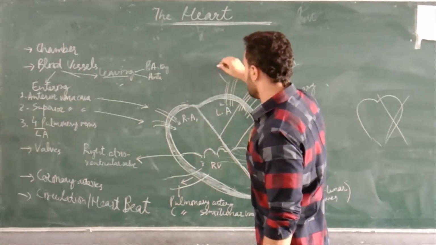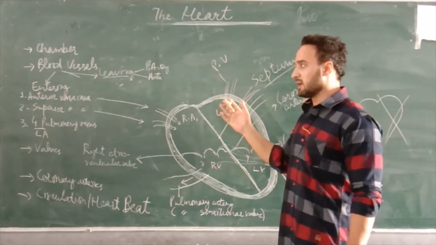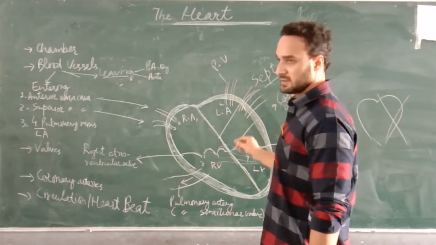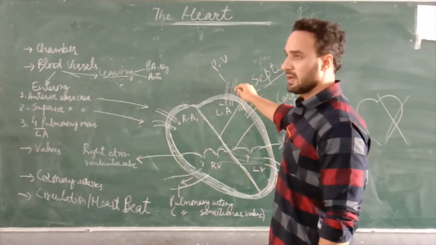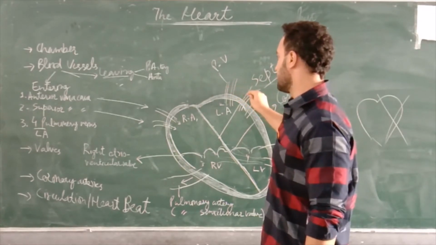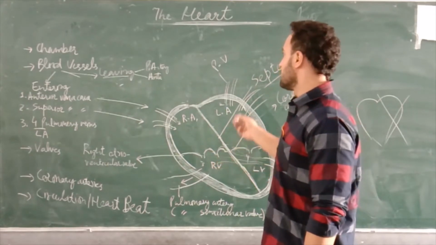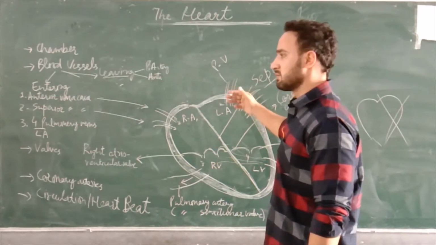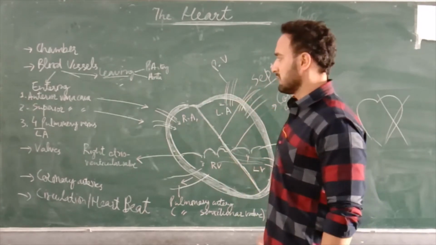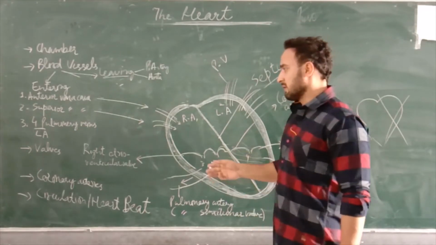Four pulmonary veins, PV, which are carrying the oxygenated blood from the lungs to the heart. Two from each lung. These two are from one lung and these two are from another lung. We know we have a pair of lungs, right? So these four pulmonary veins are bringing in the oxygenated blood from the lungs to the heart. Understand?